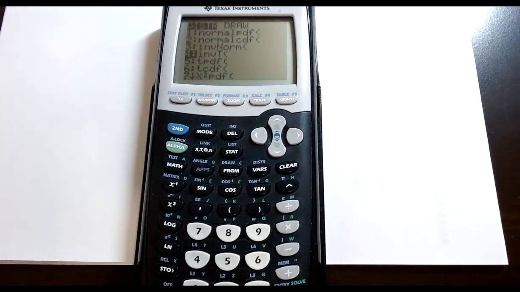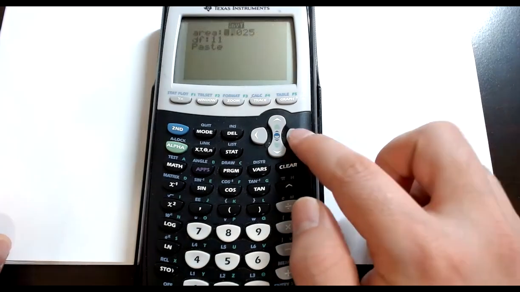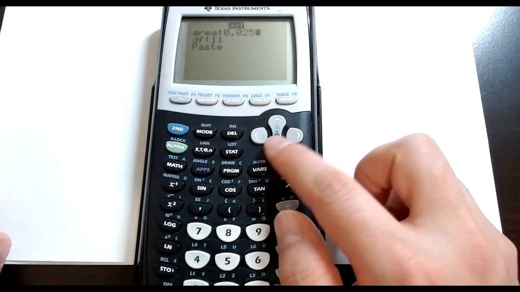This is how to find the t value given the probability. Alpha over 2, half of the significance level, is the probability, 0.025. We want the t value corresponding to that probability under the t distribution. So we choose inverse t, with area 0.025, which is alpha over 2.